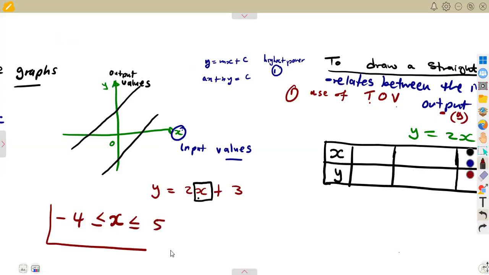That interval is there for a reason. You do not just take any x value. It's true that you choose the x value of your choice, but you are limited to a certain interval. That is the interval that you work with for x.